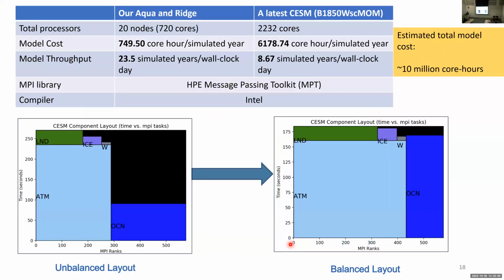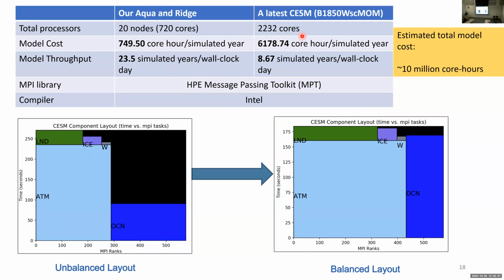And here are some of our simulation performance on Cheyenne. We run it on 20 nodes, that is 720 cores, and we spend about 750 core hours per simulated year, and every 24 hours, the model could provide about 24 years of output.